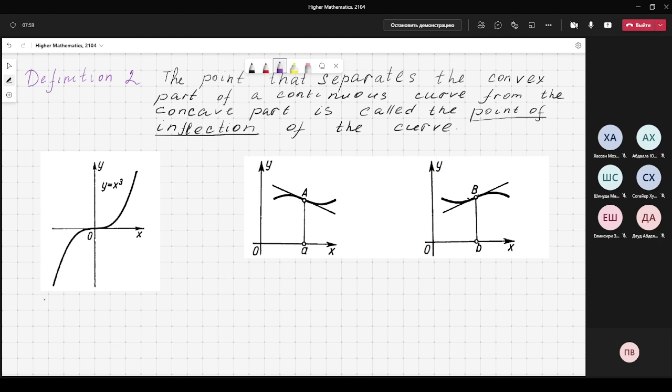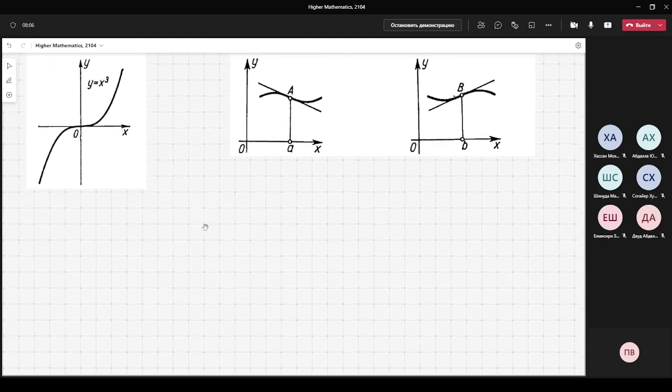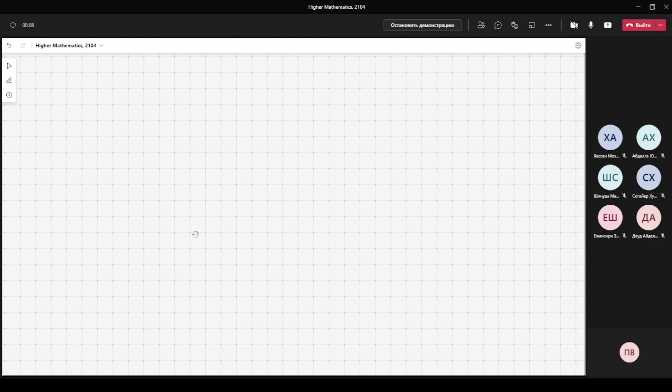Theorem 2. Let a curve be defined by the equation y is f of x.